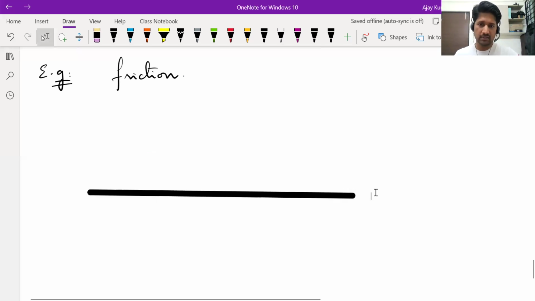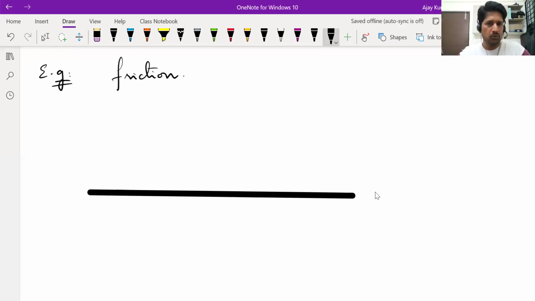We want to check if friction is a conservative force or not. So what we are going to do is, we are going to take an object from one position to another position along two different paths. And we will see if the work done is same or not. If it is not same, friction is non-conservative. Okay. So that's the idea.